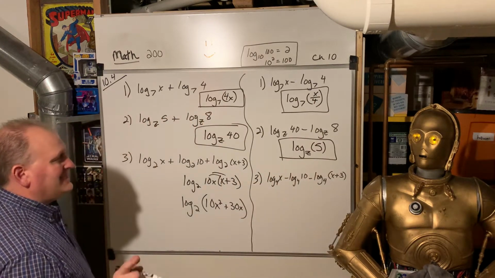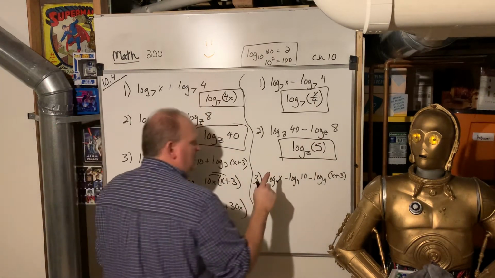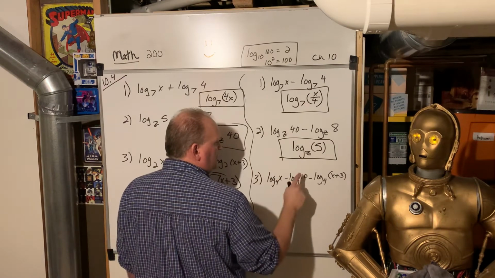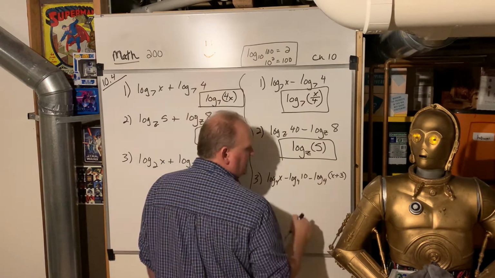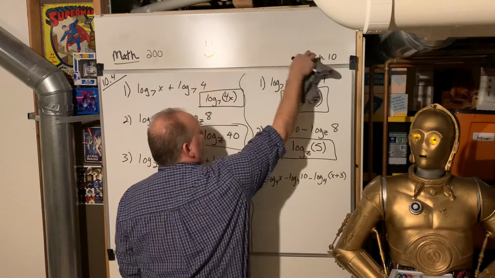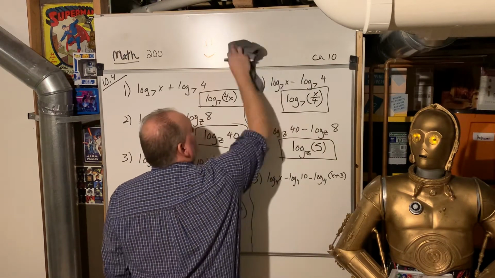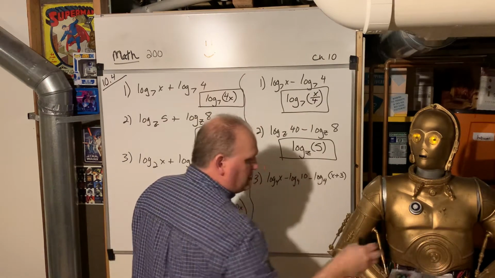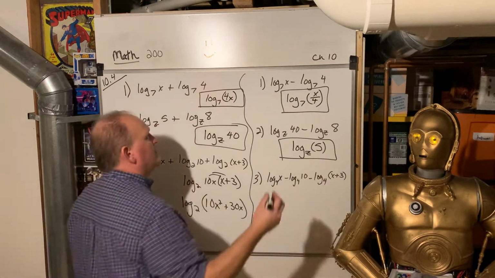Now this is a little tricky because it's log base 4 of x minus log base 4 of 10 minus log base 4 of x plus 3. So when you've got an abstract thing like that, let's think back to easier things when you worked with numbers in math. Remember that?